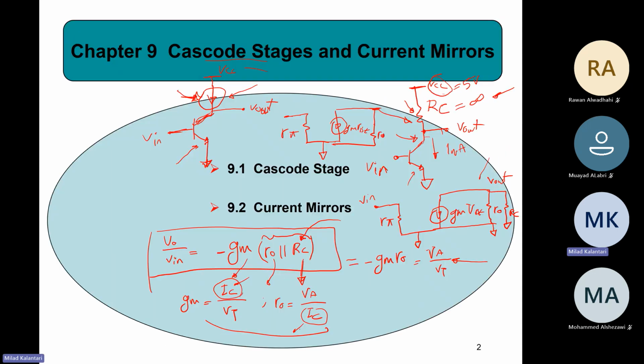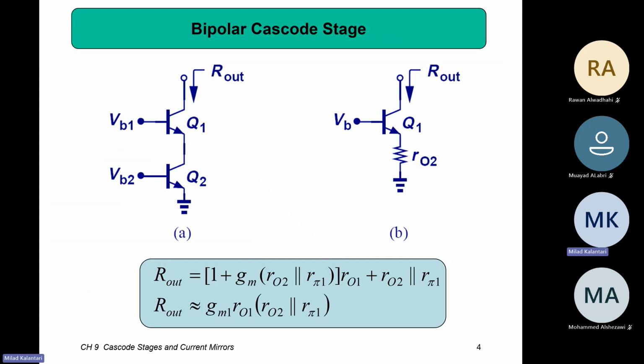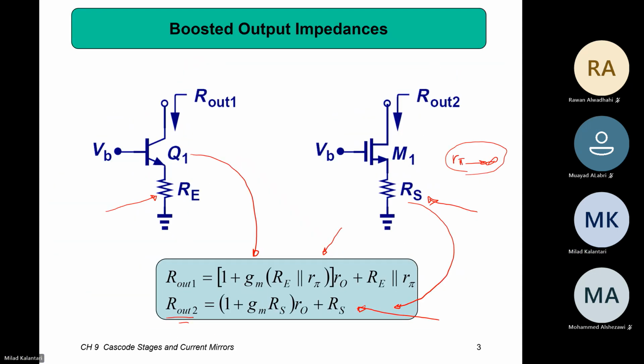So in this case, basically we can increase the R out of the device, right? We are increasing the R out because if we increase the R out, we know that somehow we can increase the gain, right?